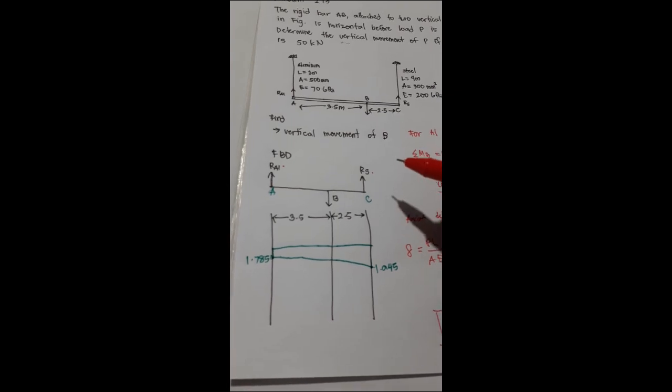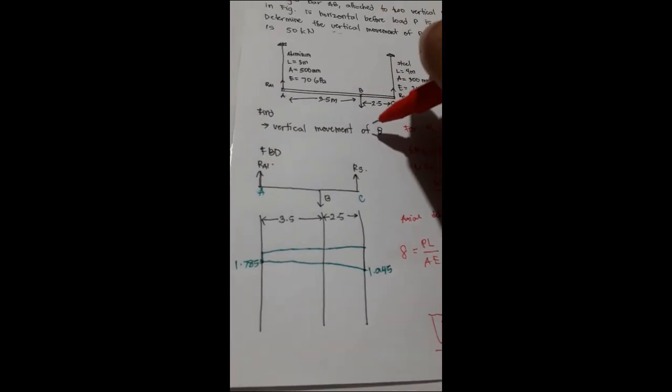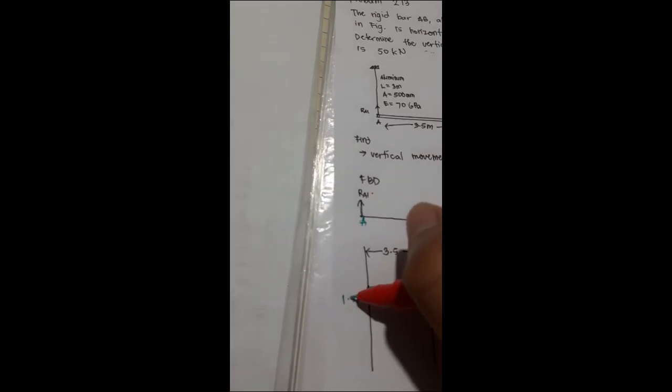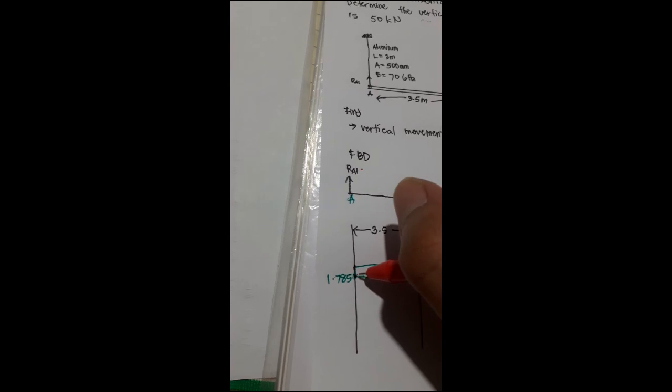So the problem, we are just to find the vertical movement of B, meaning the movement from here to here. We already know that from here to here is 1.785. And this area is trapezoidal in shape.